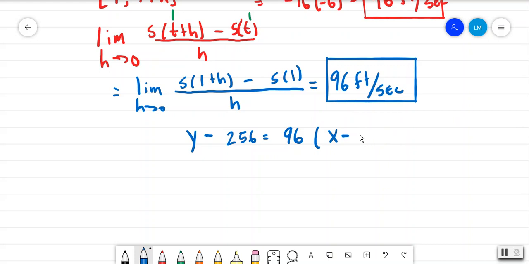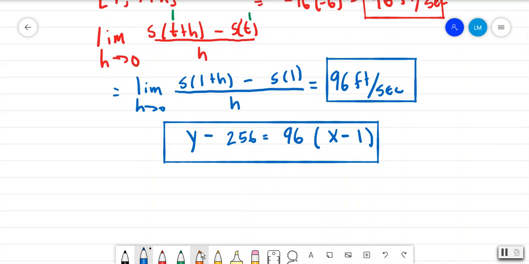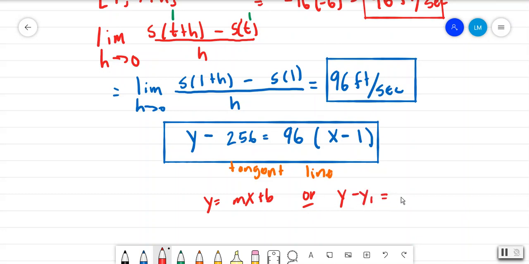So this will be x minus 1. Now this represents the tangent line that passes through 1. Notice that I used the point-slope formula for finding the tangent line, but you can also use others, such as y equals mx plus b. Or we'll just put it again: y minus y1 equals m times x minus x1.